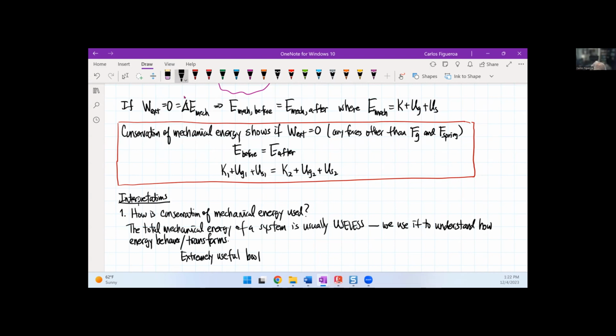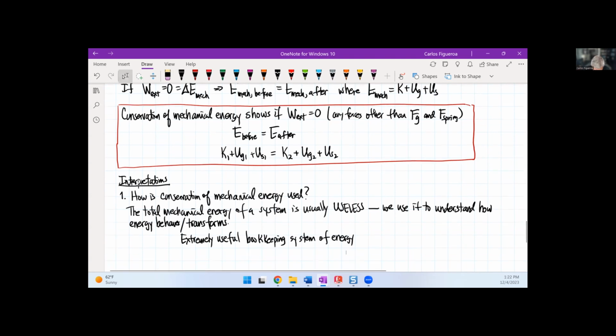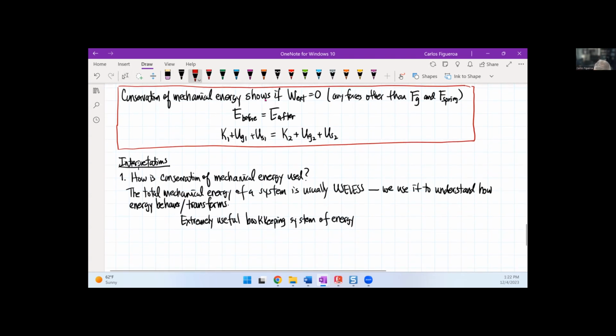Oops. So when we talk about how we use conservation of energy, we use it as a bookkeeping system.